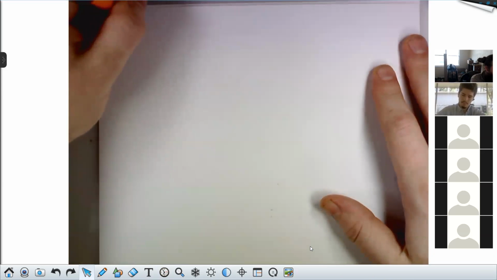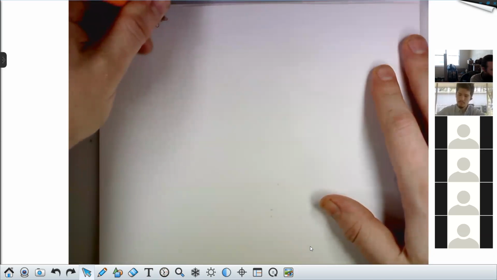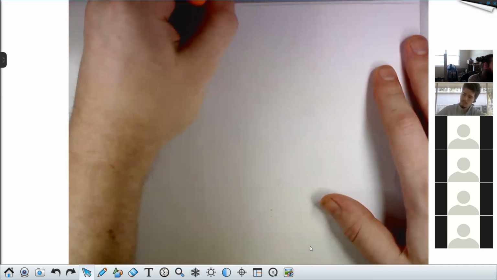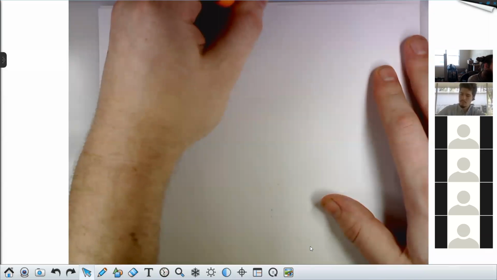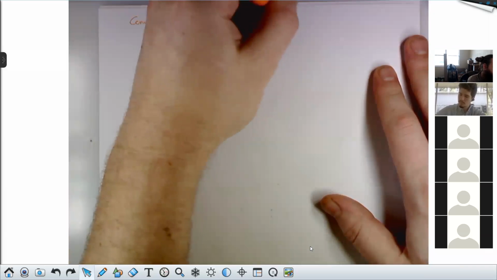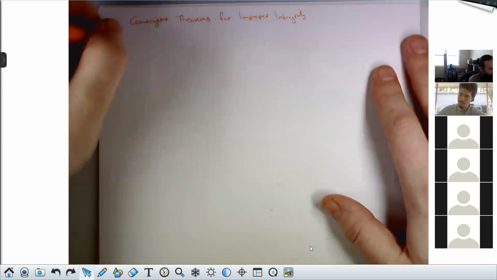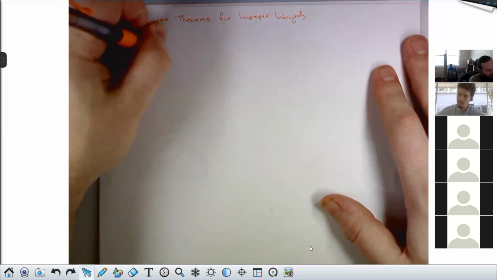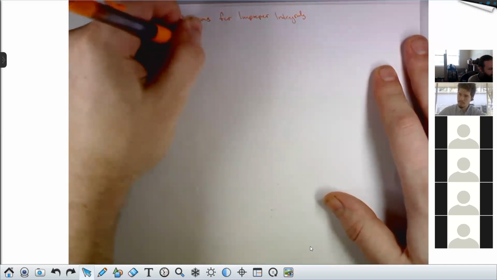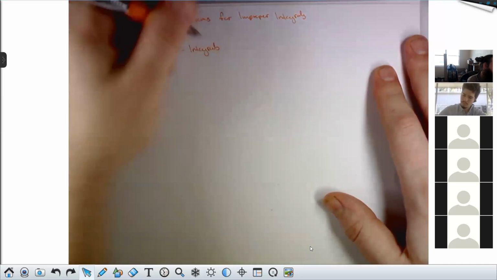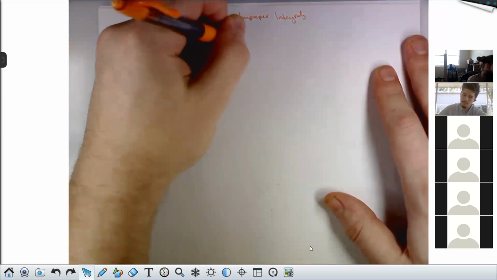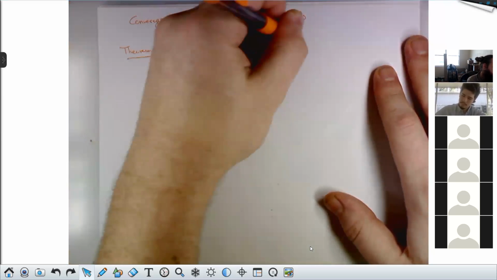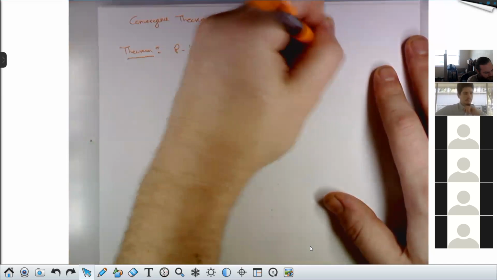Convergence theorems for improper integrals. Theorem. p integrals, which are integrals of the form, integral, really, it doesn't matter.